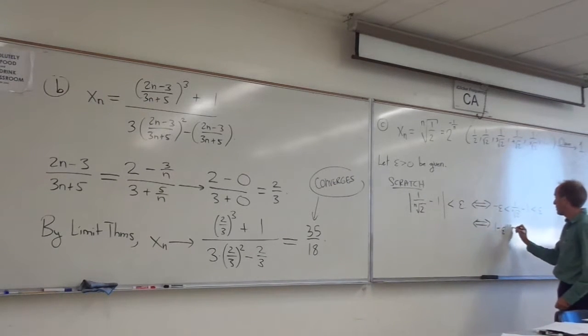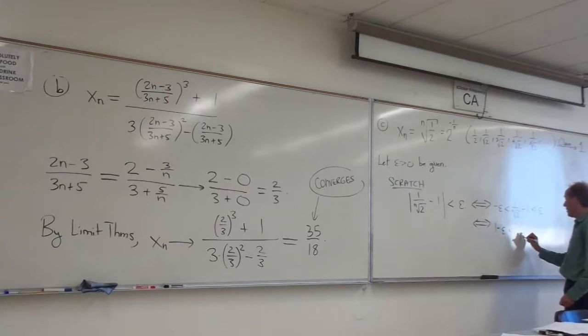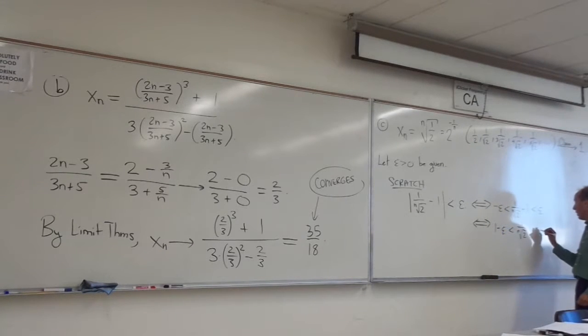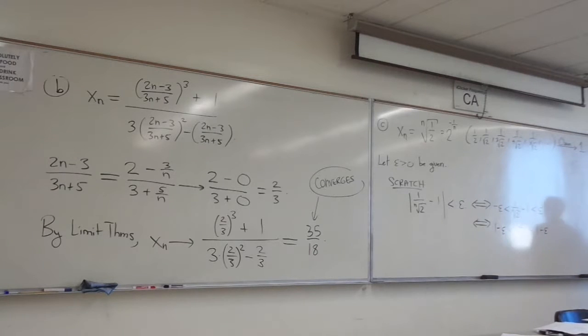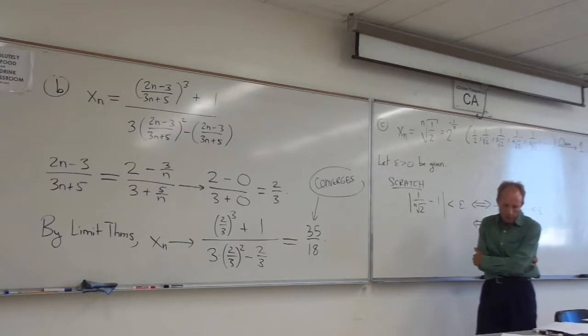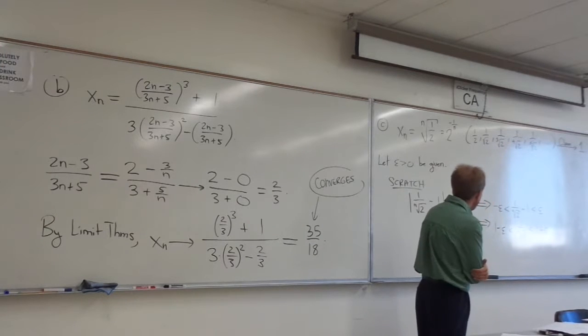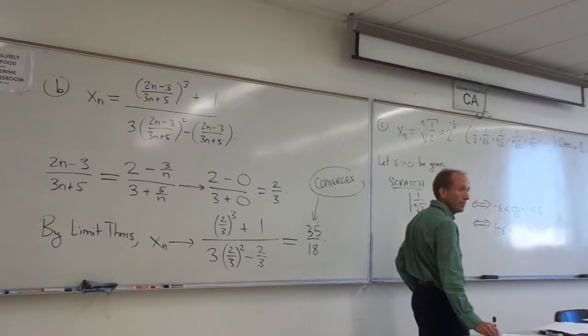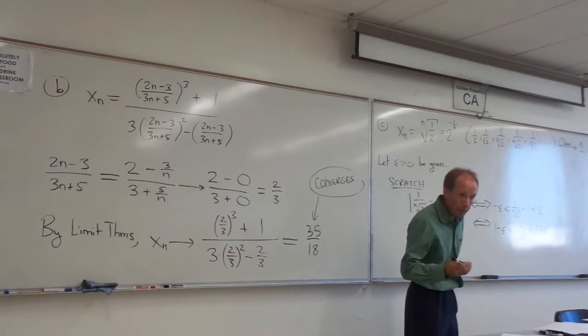So 1 minus epsilon less than 1 over the nth root of 2 less than 1 plus epsilon. Okay, so it's going to look like that. I'm trying to solve this for n. I can take reciprocals of everything.